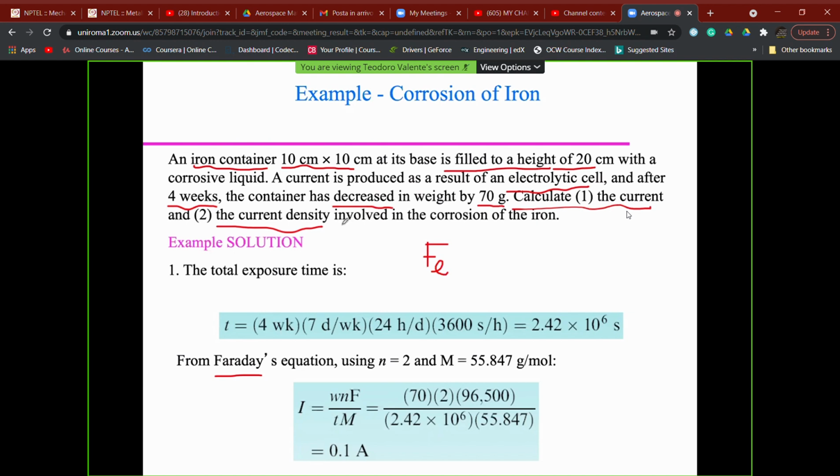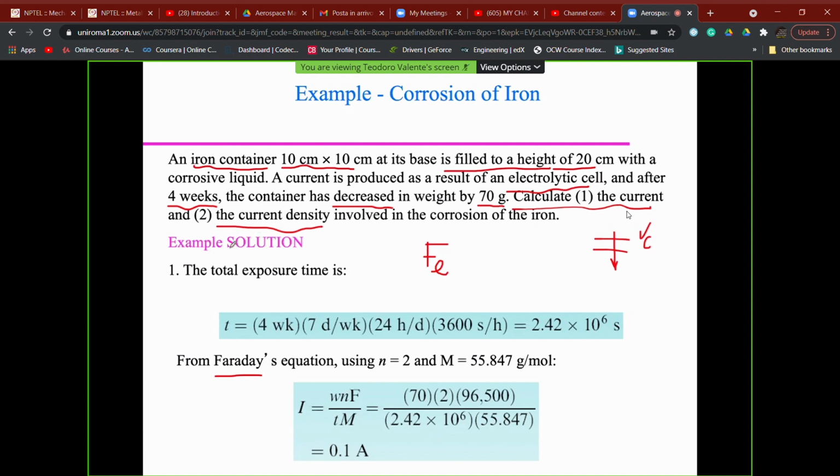And this is one case for which we can say that uniform corrosion is going to happen. Then when we have calculated the current density, we can also convert it, as we have seen before, into penetration rate, that is a corrosion rate expressed, for example, in microns per day, microns per week, microns per year, as necessary.